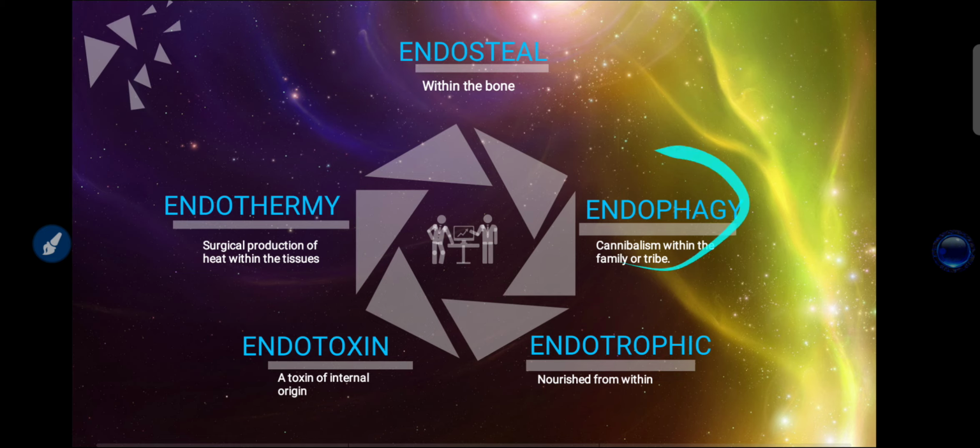Okay, the next word is endophagy. Phagy is something related to eating. Eating what? That is the meaning of cannibalism within the family or tribe. Within the family or tribe, there is a tradition of eating one's own member, like a member of the family being eaten by other members of the family. What is cannibalism? It came from cannibal.